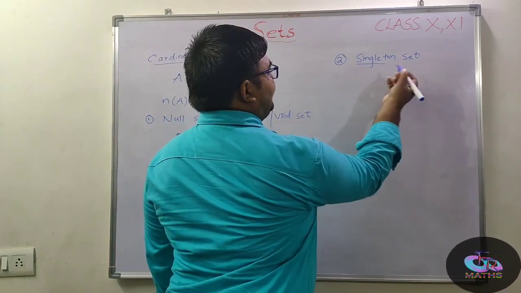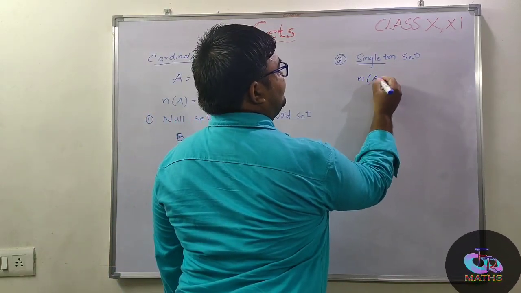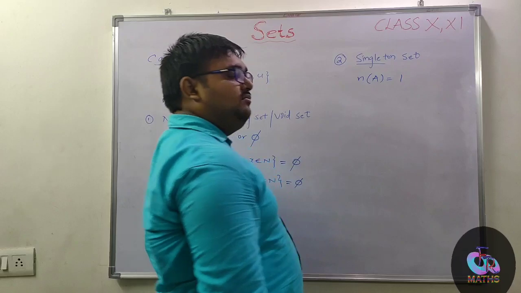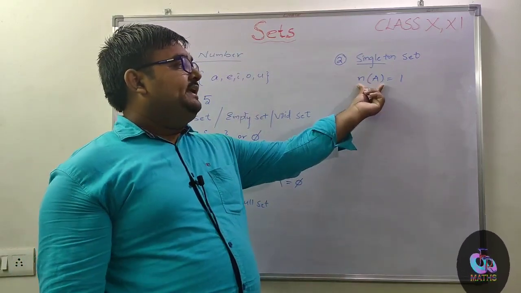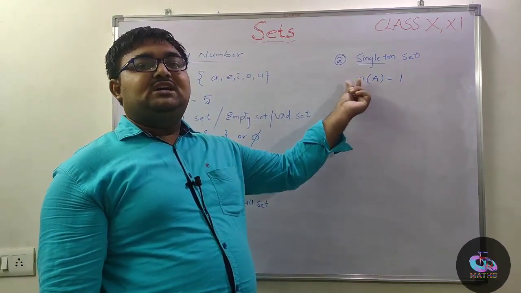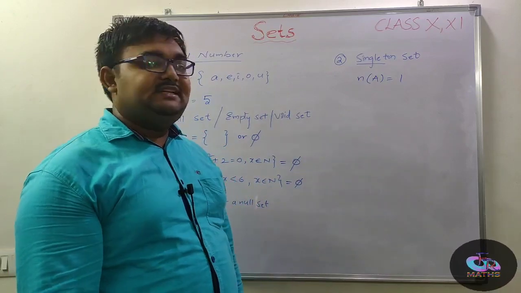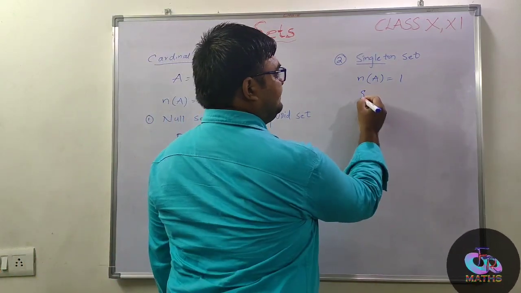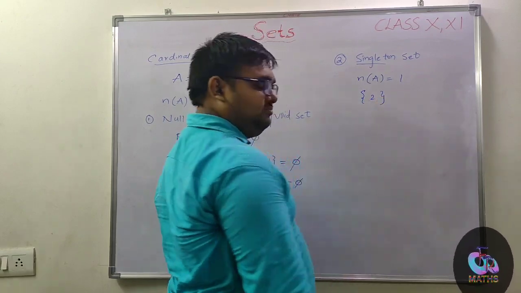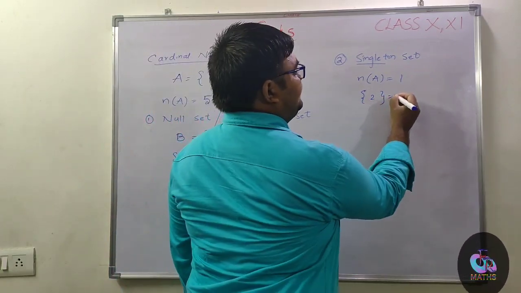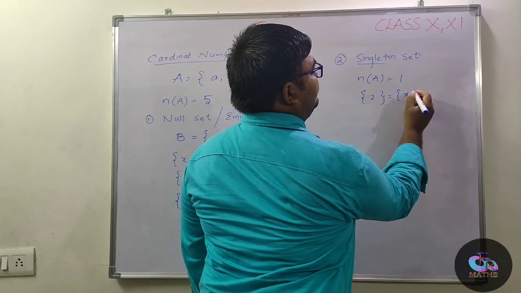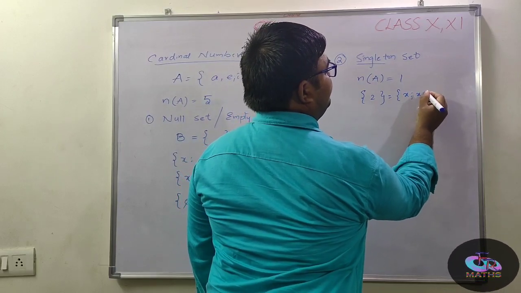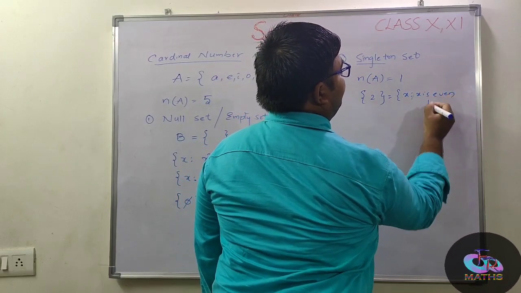So n of some set is 1. If you have a set A whose cardinal number is 1, then we say it is a singleton set. The best example of a singleton set is the set of 2, which is x such that x is even prime.